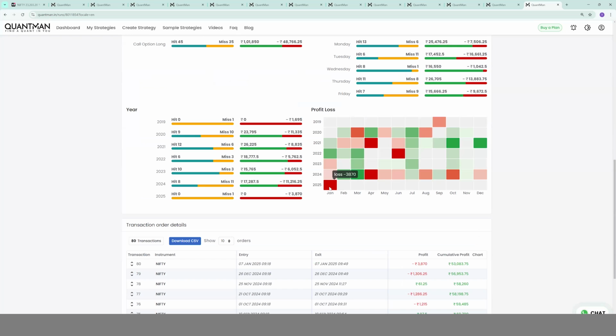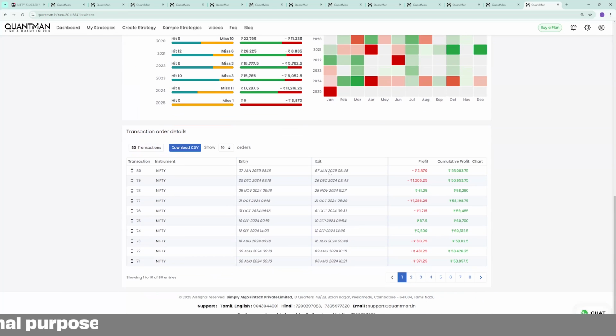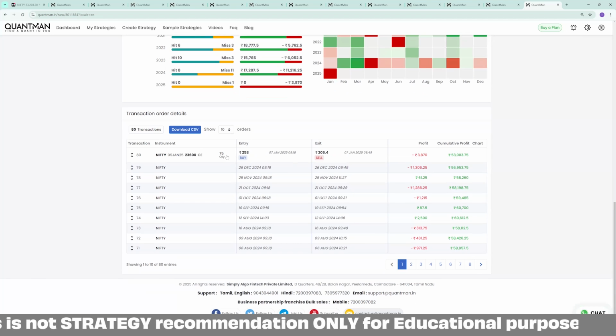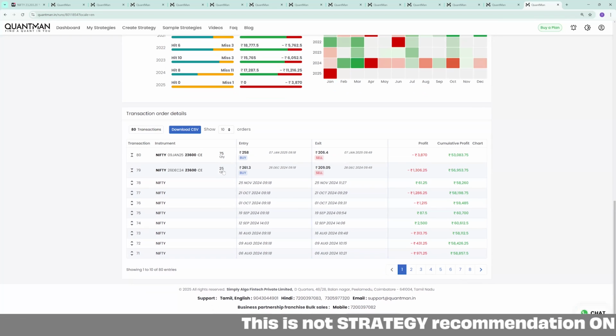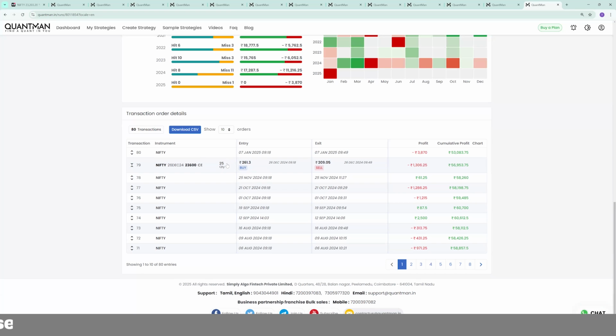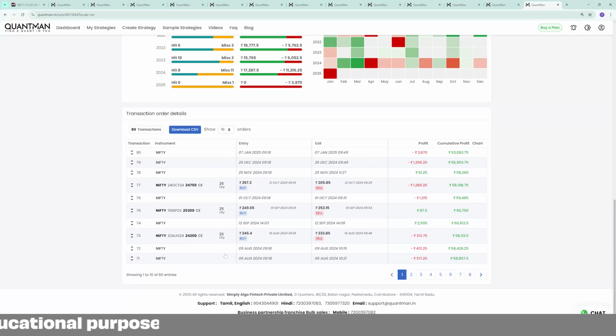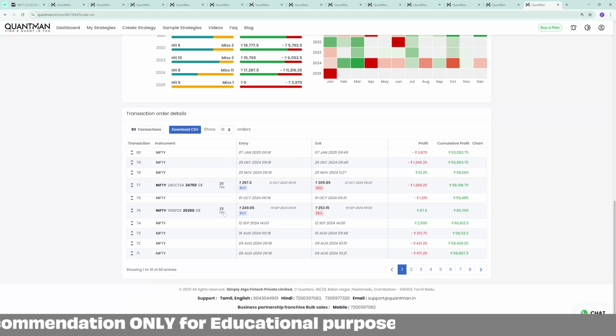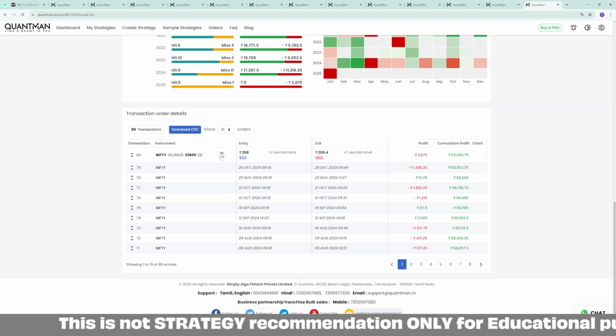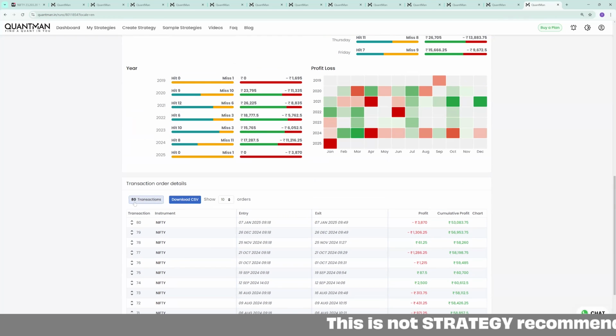This January month is in loss because of 75 quantity. Before it was 25 quantity, so January month itself increased 3 times, so 75 quantity. These backtests are on 25. But from January it's 75. Total transactions are 80 trades. Okay.